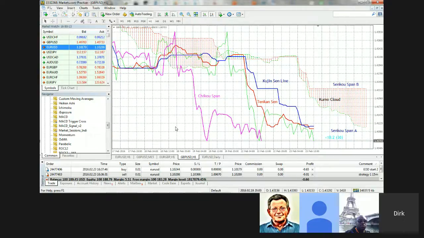And then we have got the middle period, which is made up of the Kujin and Tenkan Sen lines, which act as moving averages almost. They are slightly different though, because they do use a different type of formula than a normal moving average. But they feature and work almost in a similar type of way. This is why you would notice that with the Tenkan and Kujin Sen, you actually do tend to get quite a couple of flat sections.